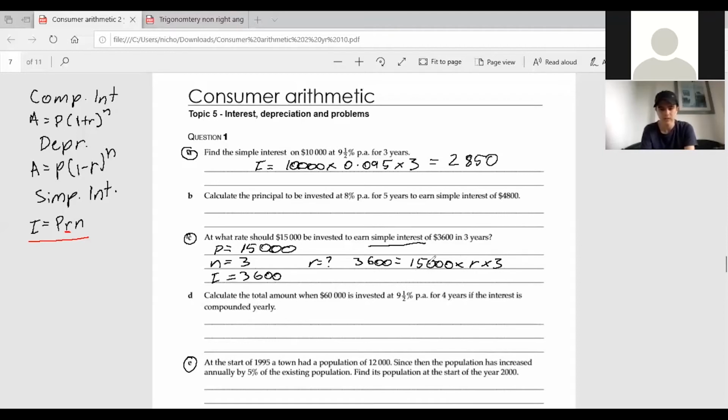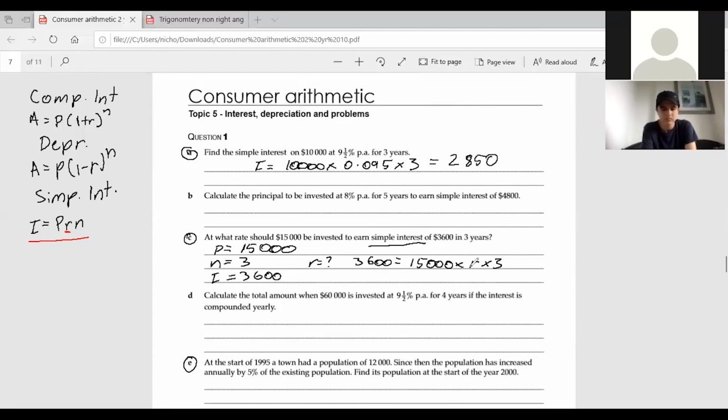So why would we want to move both of them? We've got R on this side, so we just want to move everything else away from the R. Would it be 3,600 divided by, or as a fraction over, 15,000 over 3? Yeah, because we're timesing here, we can move the 15,000 and the 3 all together.